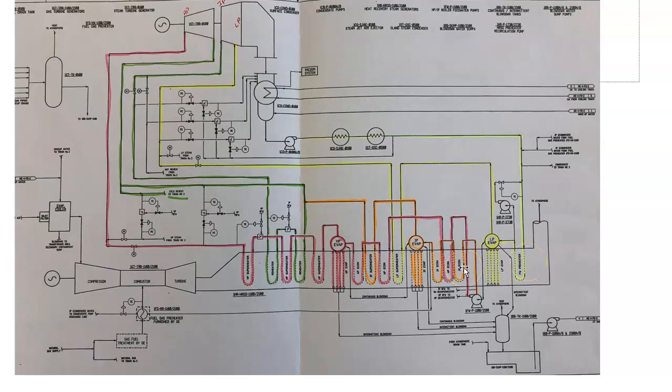There are several economizers involved in here.